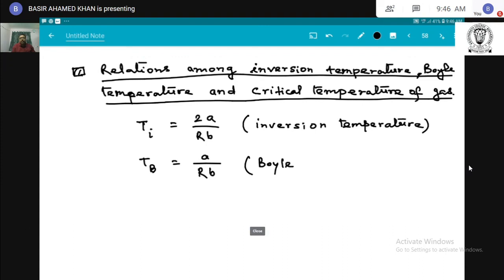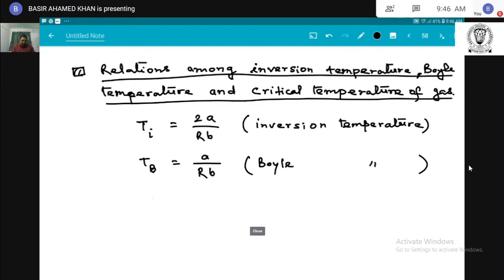Boil temperature means at this particular value of temperature the real gas behaves like an ideal gas. And next is critical temperature.